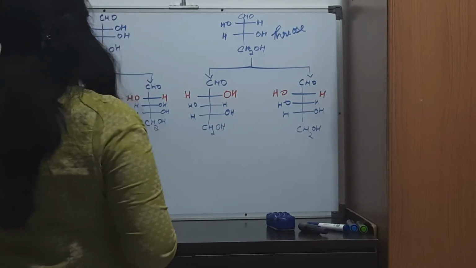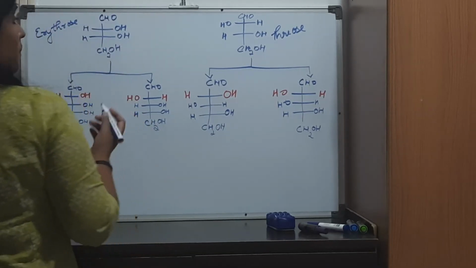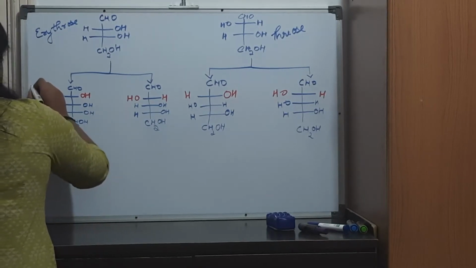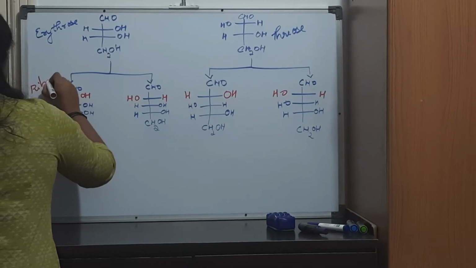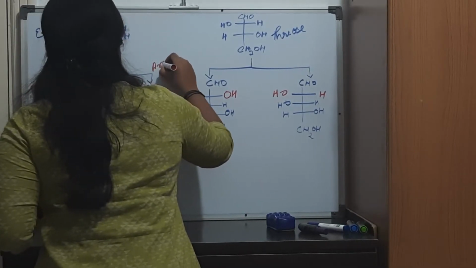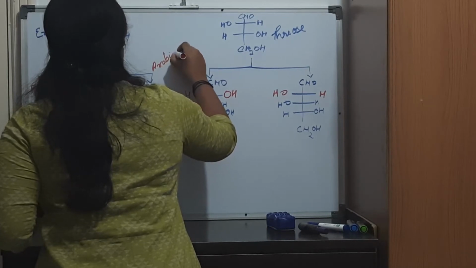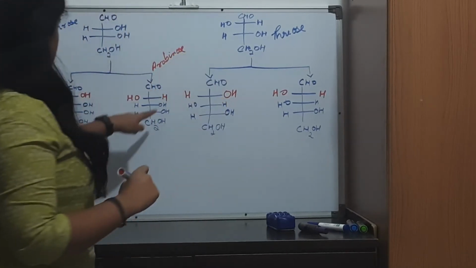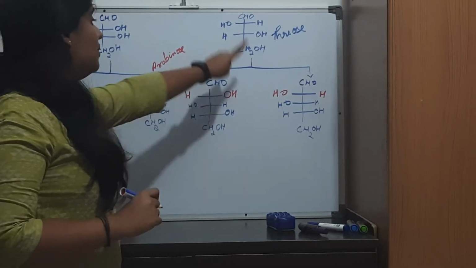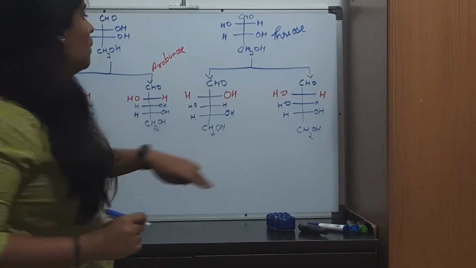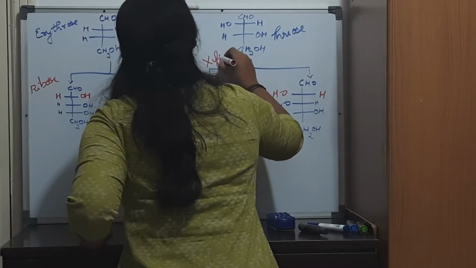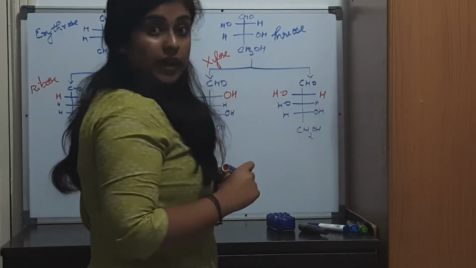And each of them has a name. From erythrose, we can get ribose and arabinose. This is ribose and this is arabinose. Similarly, from threose, we get two things: one is xylose and the other one is lyxose.